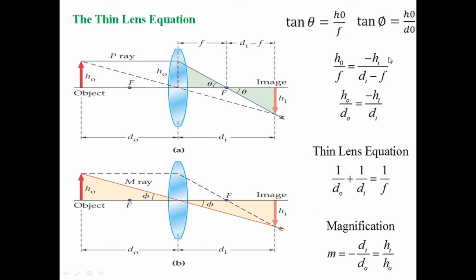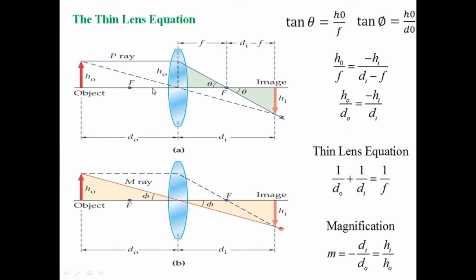So if I equate both equations, I obtain the resultant equation in terms of small f, small d naught and small di. So this is my thin lens equation. Now I think you have got a clear viewpoint on the thin lens equation. Any 3D object which satisfies the thin lens equation will be in focus.